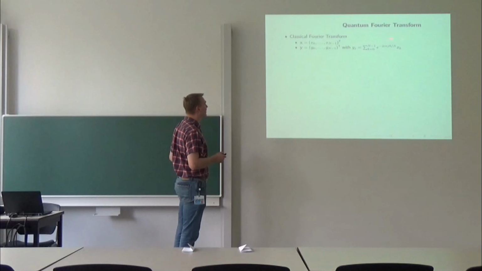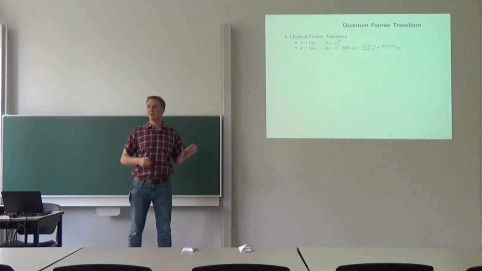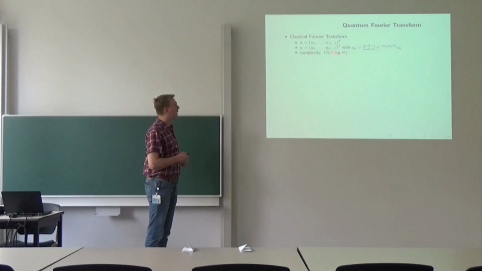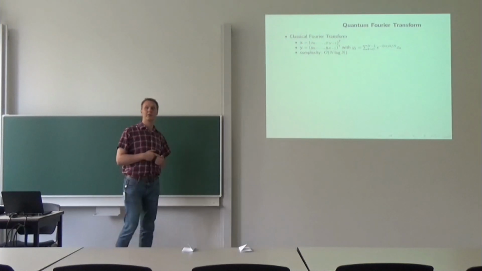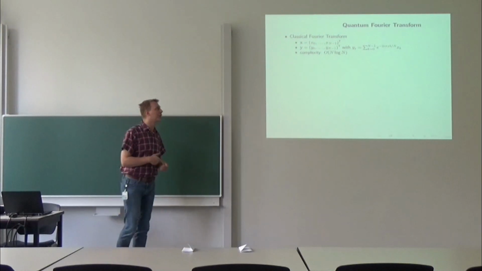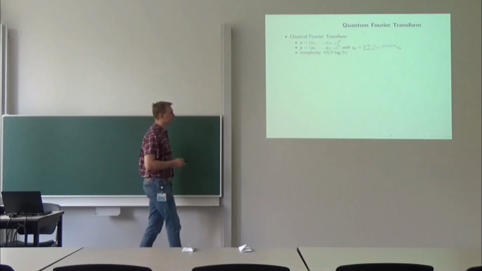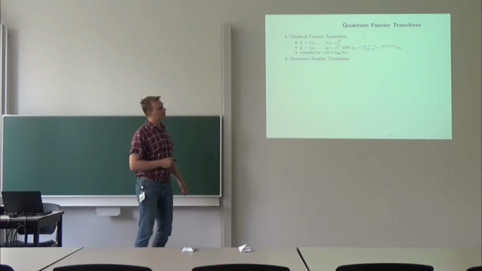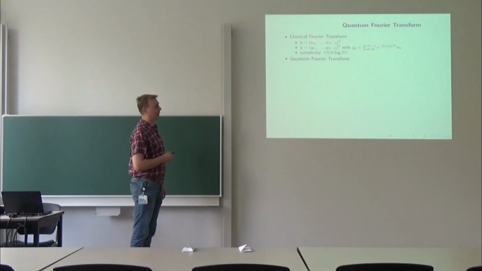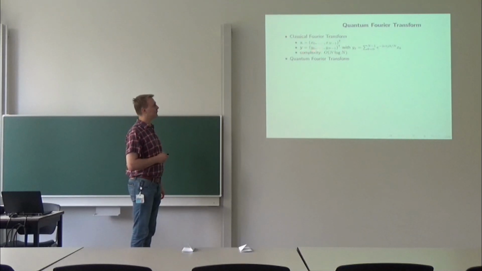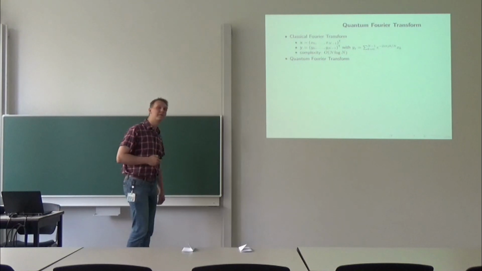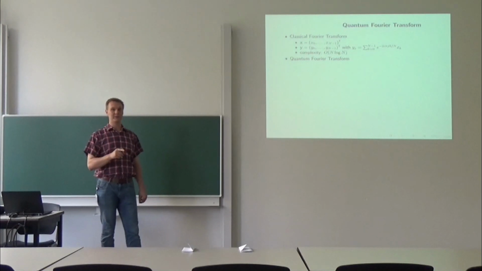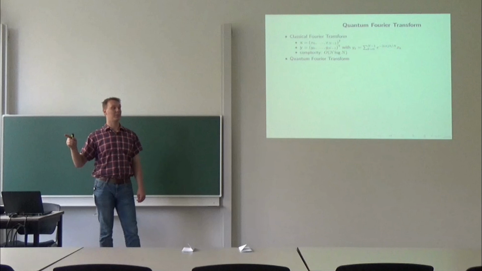So this description of the Fourier transform carries over to the quantum case. The complexity of this algorithm is n log n, where n is the number of values that it touches. All right? In the quantum case, we are not going to explicitly represent this vector. We are going to represent this vector as far fewer qubits. Because remember, k qubits come with 2 to the k complex numbers.